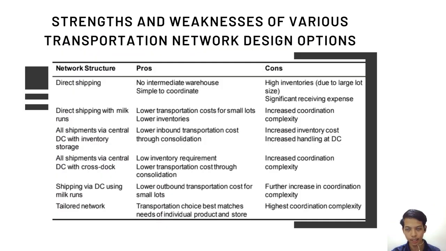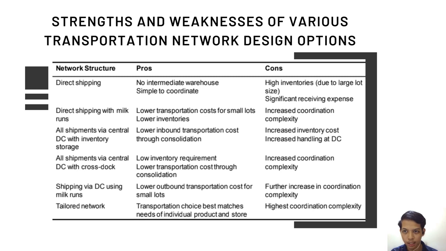There are 6 network structures, each with advantages and disadvantages. First, direct shipping has the benefits of not requiring an intermediary warehouse and being easy to organize. High inventories are an issue. Second, direct shipping with milk runs.